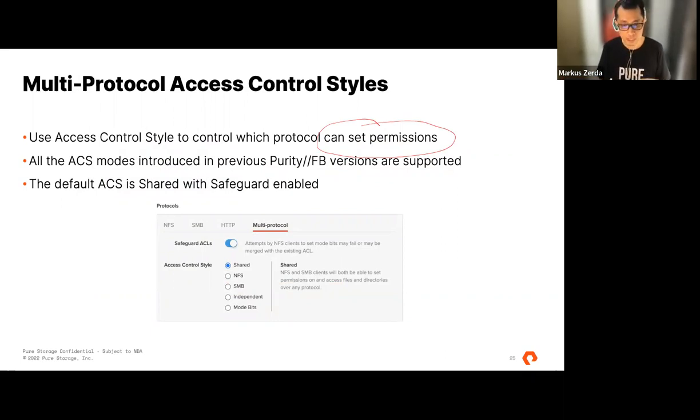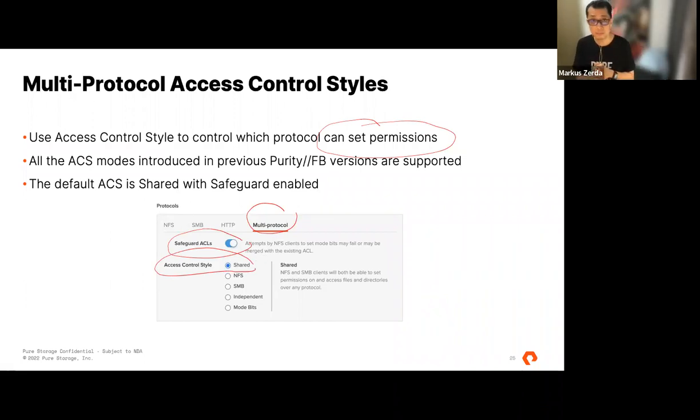Whenever you create a file system, there's a tab there which is multi-protocol. By default, safeguard ACLs and access control style shared is enabled. Shared means that the last permission, either from a Windows user or a Unix user, will be preserved.